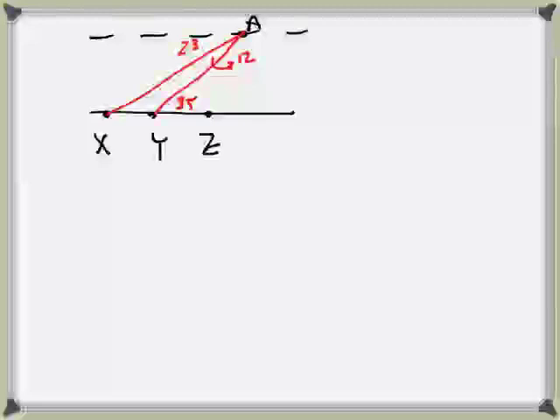So if there's a person in the airplane and they want to look at person X, it would be 23 degrees. The angle of depression from A to X would be 23 degrees.